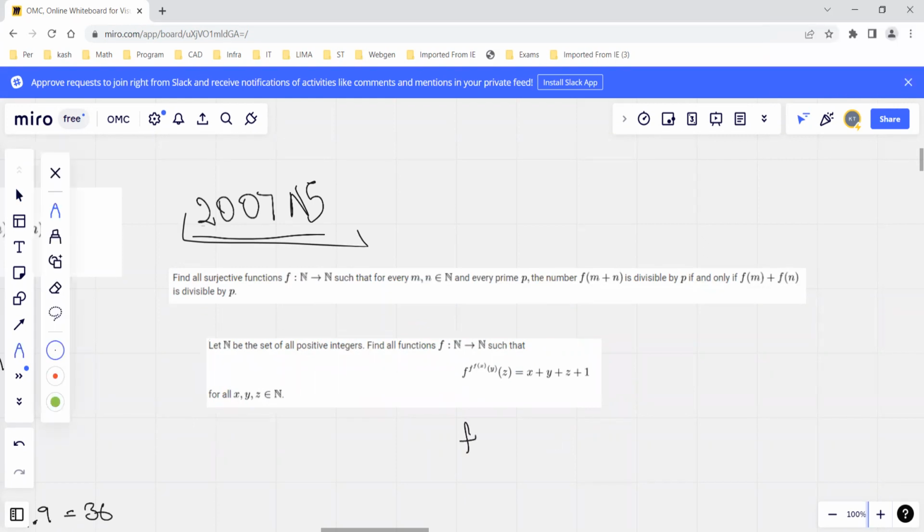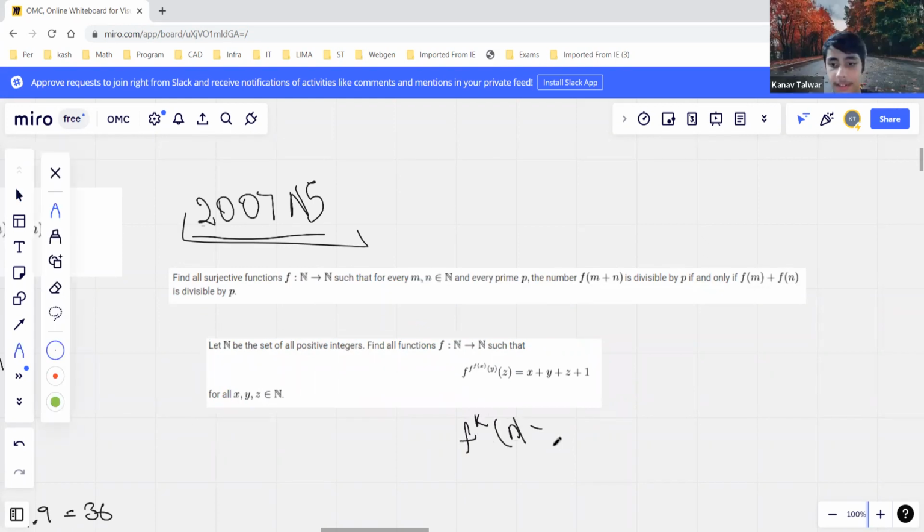Yes. So F to the K of N is just F applied K times. And this is quite easy compared to the previous two problems, but I would recommend trying this problem. This is quite good, but it's quite similar to the previous problem.